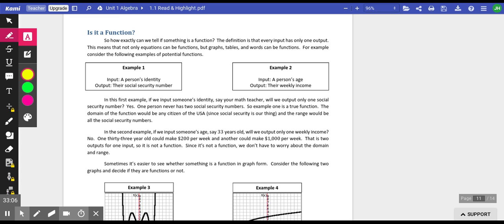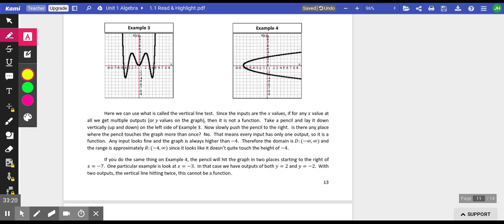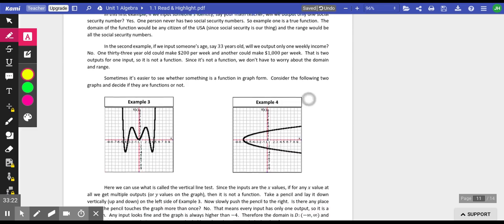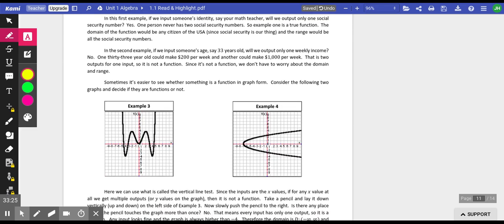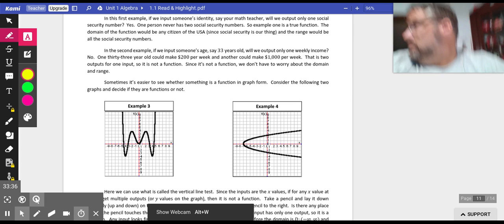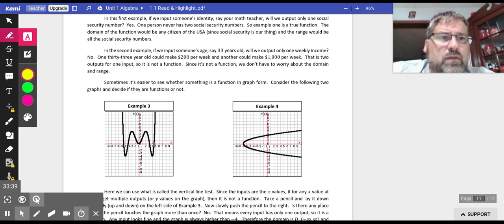I hope that when we come to class on Monday, you'll have a little bit of an idea of whether it is a function and how you determine what a function is as I throw some at you. I apologize for not being in class today, but I hope this was helpful for you as to how to read and highlight a section.